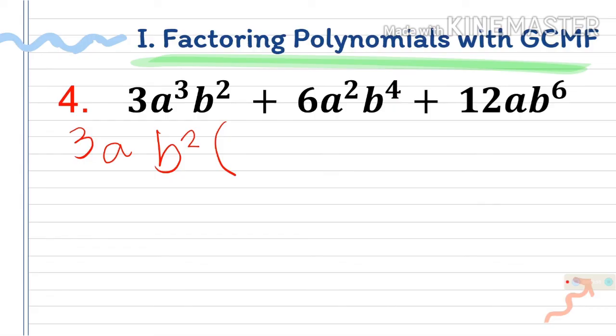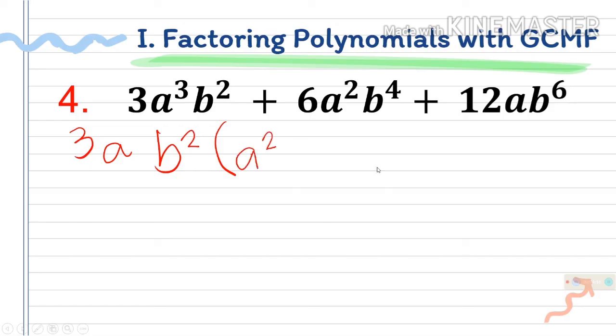And we are going to use that with our polynomial. So we have 3a cubed b squared divided by 3ab squared will be, yes, we have here a squared.